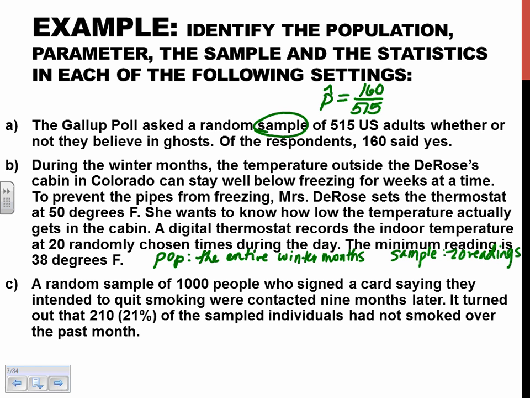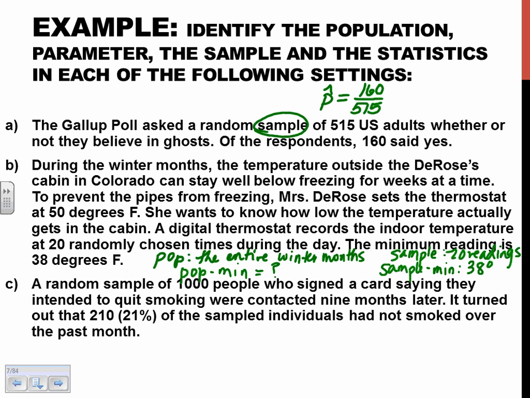The population minimum, we don't have a symbol for that, and we don't know what it's going to be. However, I know the sample minimum, and there's no symbol for that either, but I know the sample minimum is 38 degrees. So that is a statistic, 38 degrees.